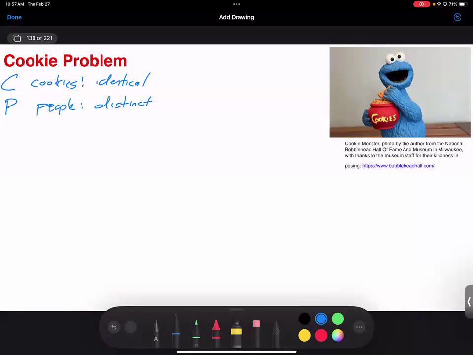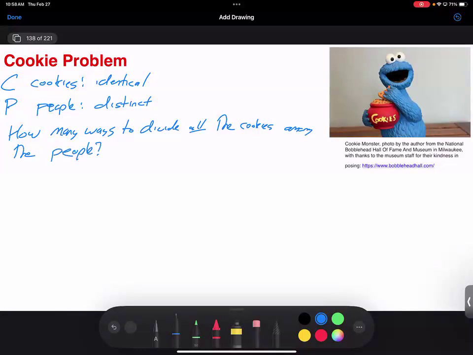It doesn't matter which cookies you get. All that matters is how many cookies you get. And so the question is, how many ways are there to divide all the cookies among the P people? So again, all that matters is how many cookies a specific person gets, not which cookie.